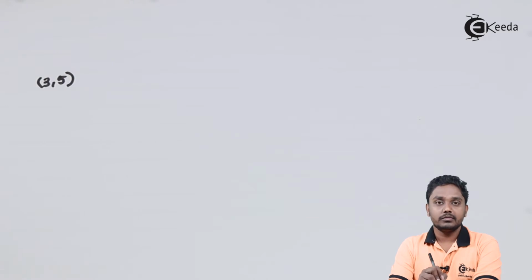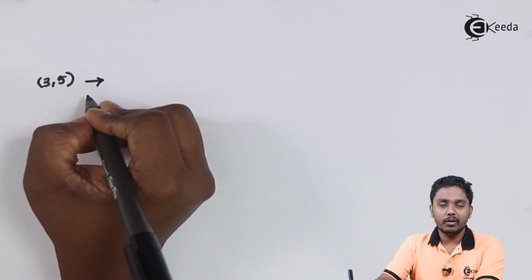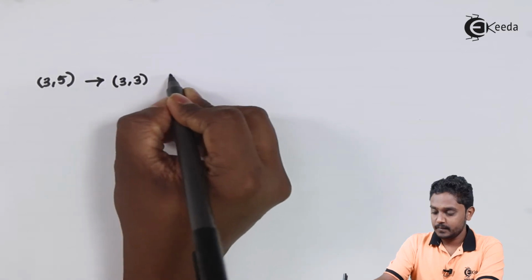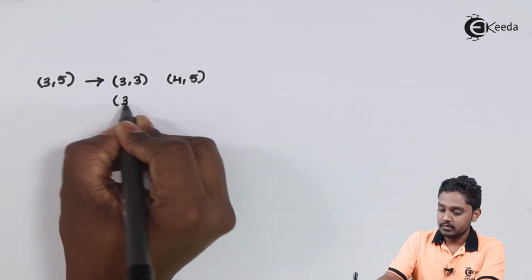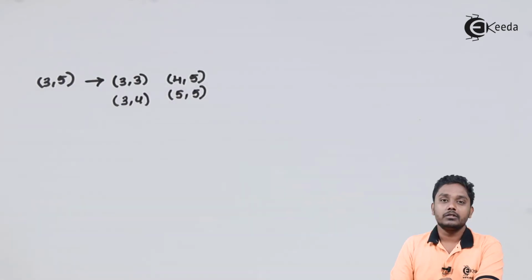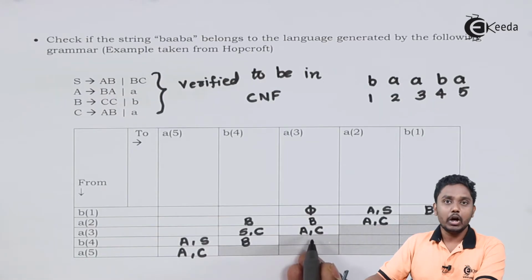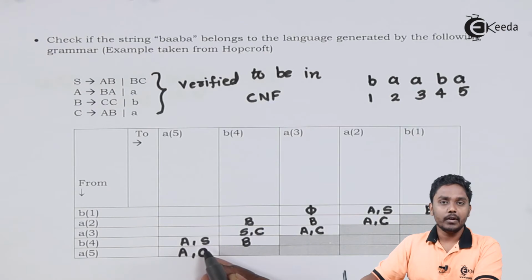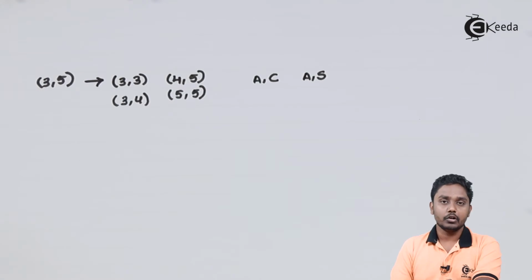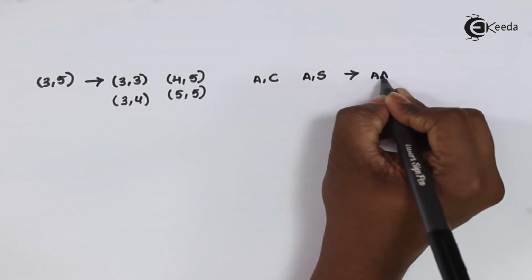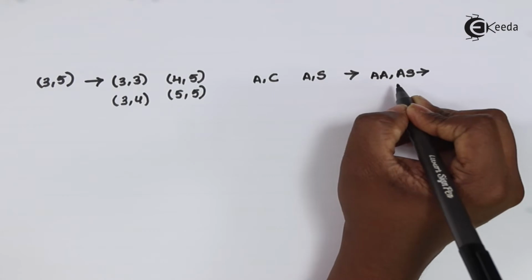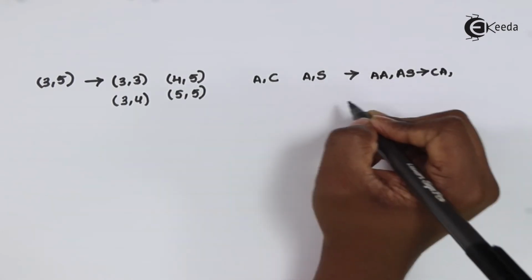Next substring was 3 5. We can split 3 5 into 3 3 followed by 4 5, or 3 4 followed by 5 5. 3 3 is generated using A or C. 4 5 is generated using A or S. Hence the concatenations should be AA, AS, CA and CS.